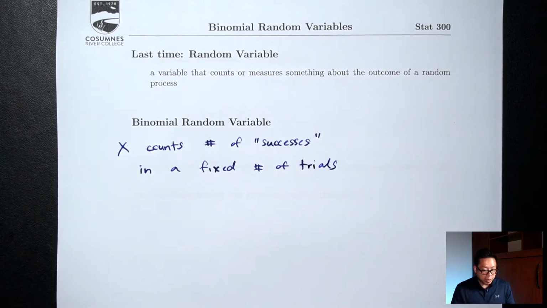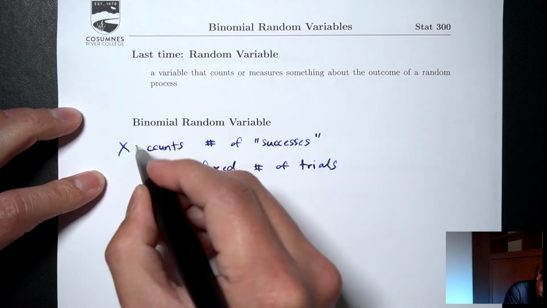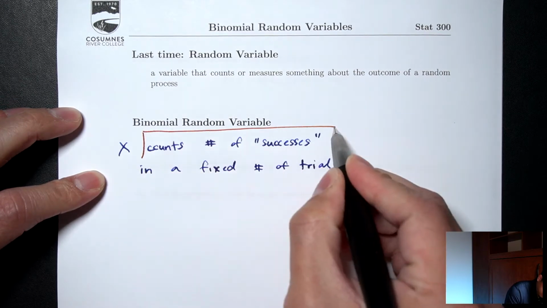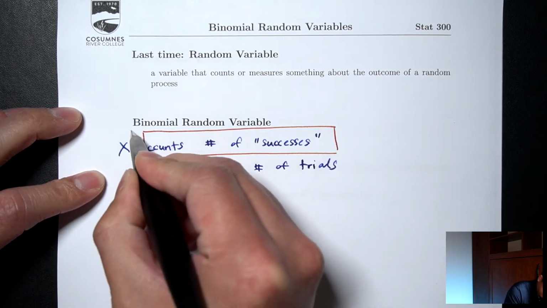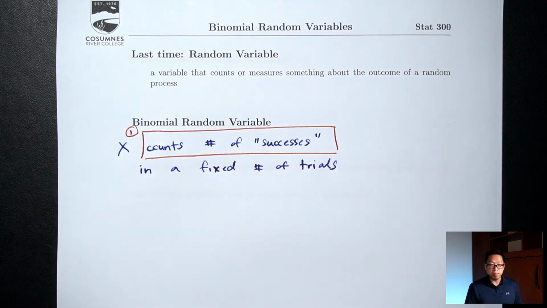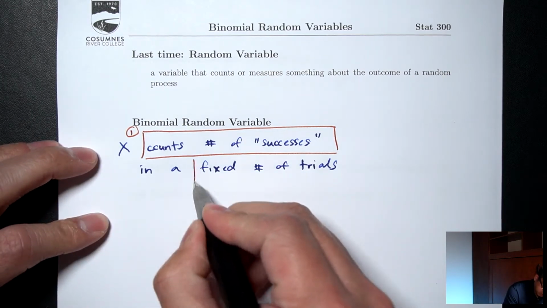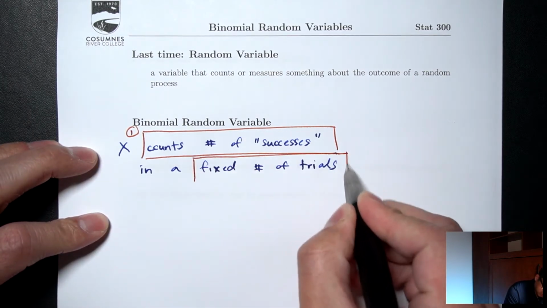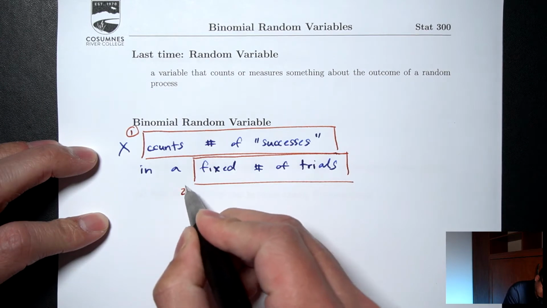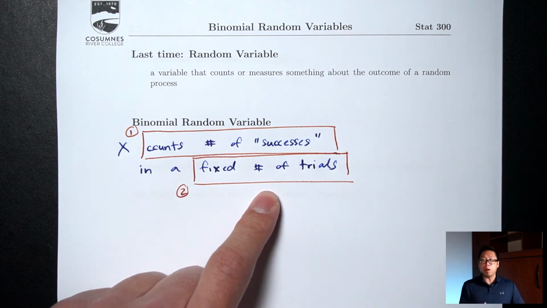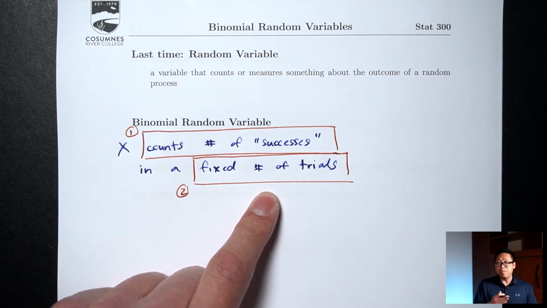The 2 important things here are, first, what it's counting, the number of successes. And 2, a fixed number of trials. Whatever random process we're talking about, we're doing it a fixed number of times.